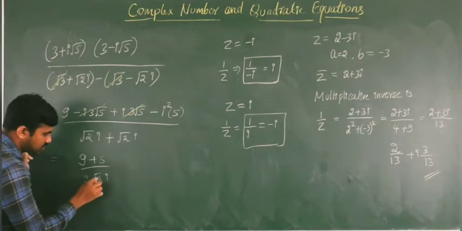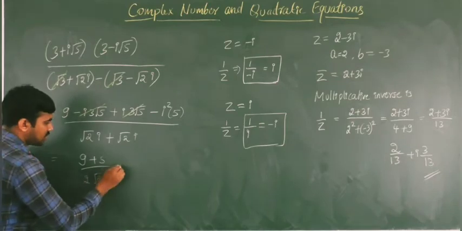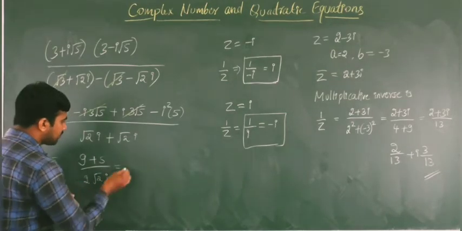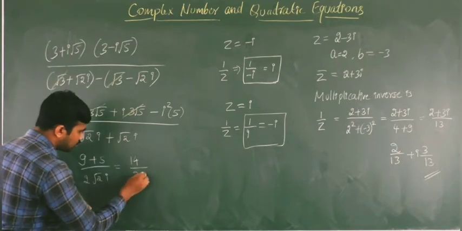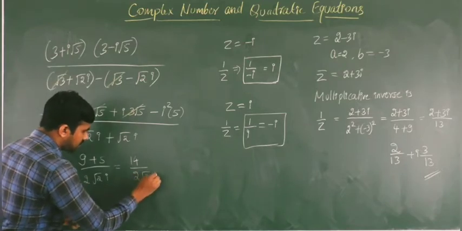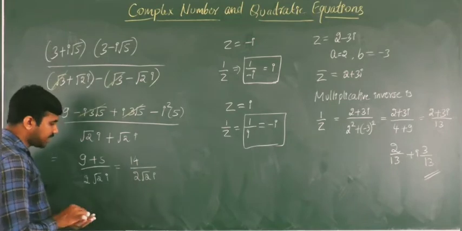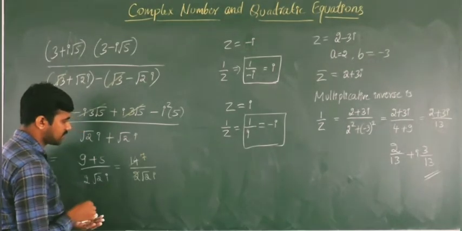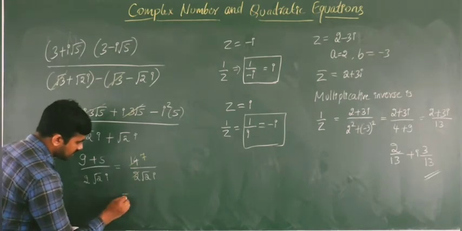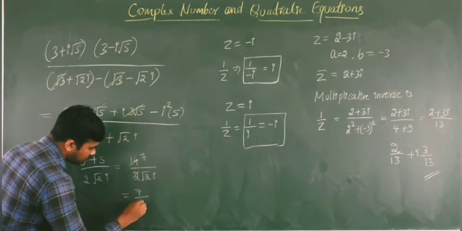This can be written as 9 plus 5, 14, divided by 2 root 2i. Again 2 sevens are 14, so this becomes 7 by root 2i.